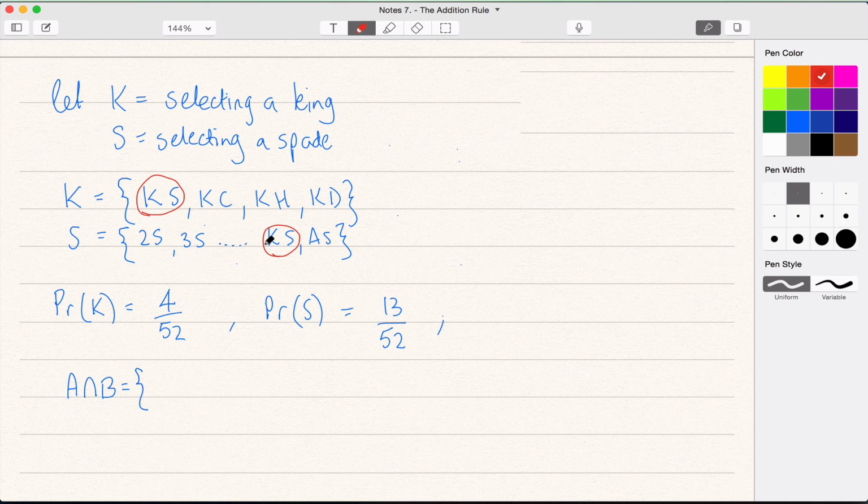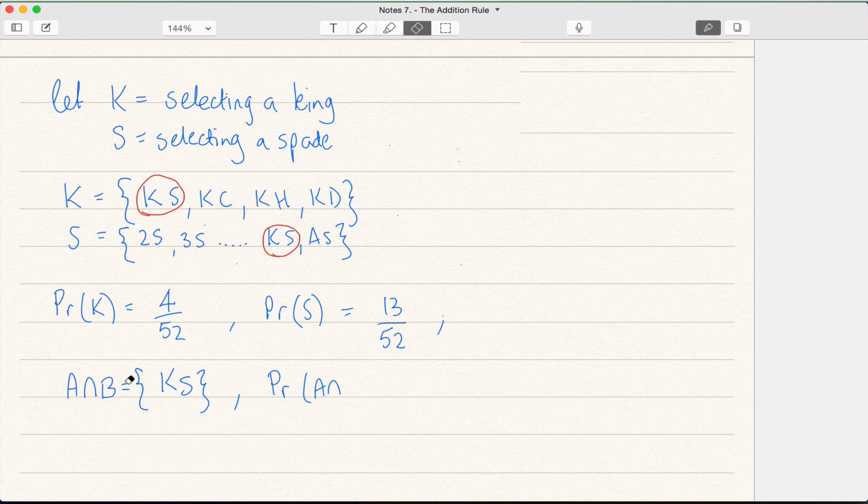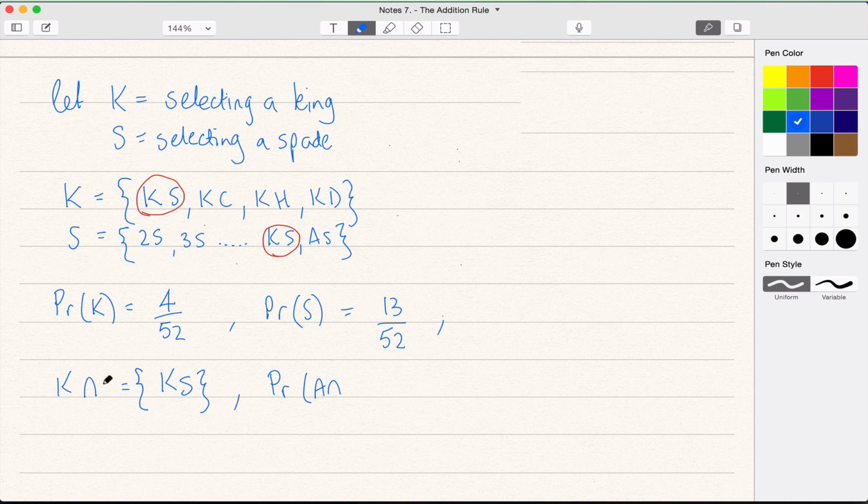And there's only going to be one card that's got a king and a spade on it, the king of spades. So that's in our set there. Oh, why have I put A intersect B? This should be K intersect S. And this should be the probability of K intersect S, which is 1 out of 52.